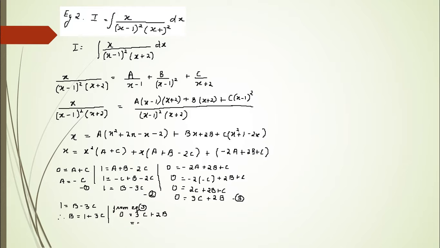Therefore, putting this value of b, I'll get 0 is equal to 3c plus 2 into 1 plus 3c, so this is equal to 3c plus 2 plus 6c.